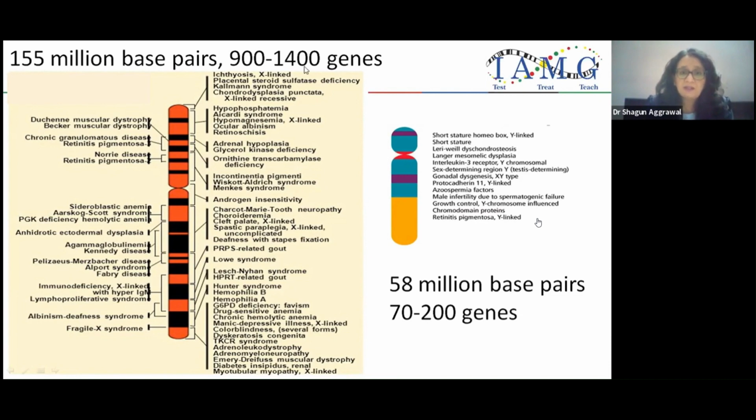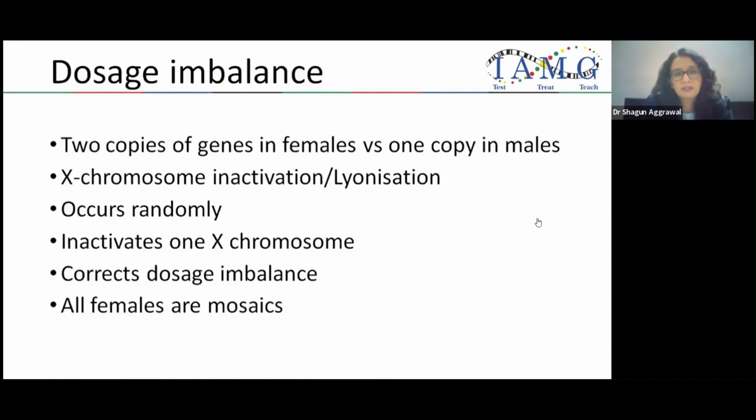So a female would have this many extra genes as compared to the male, just because she has two X chromosomes. But this kind of dosage imbalance in the genes actually gets corrected because there is a phenomenon called lyonization or X chromosome inactivation, which occurs in all females.